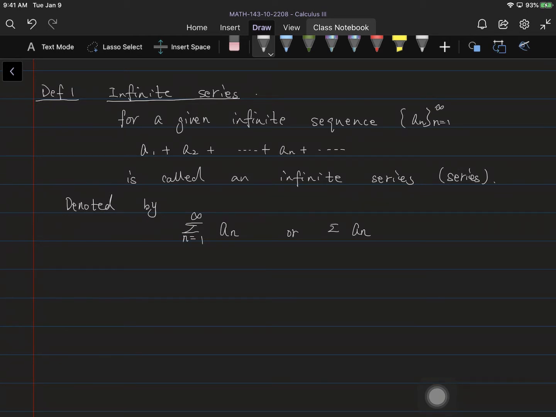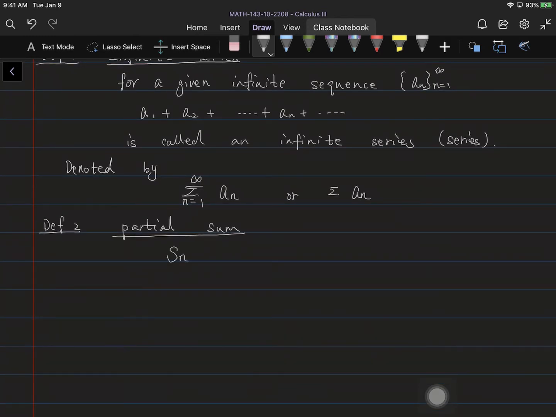Now let's take a look at definition 2. It's called partial sum. Partial sum is given by this.